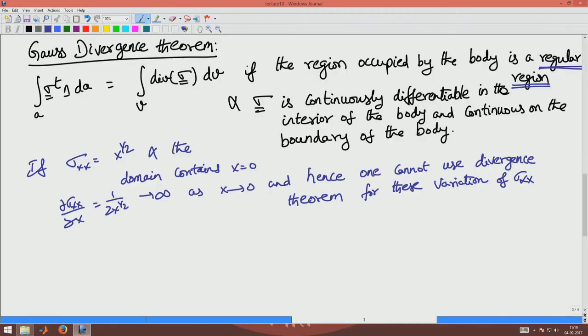So, to apply the divergence theorem, the region has to be regular, sigma should be continuously differentiable in the interior and should be continuous on the boundary.